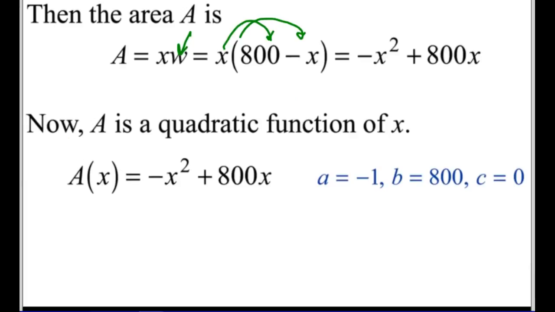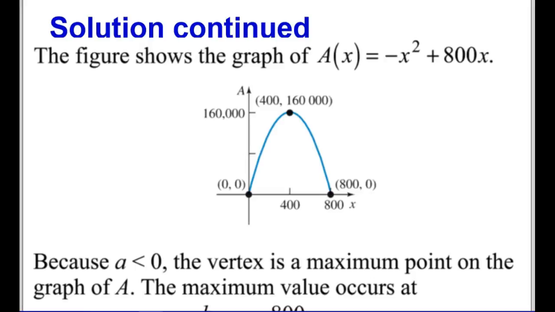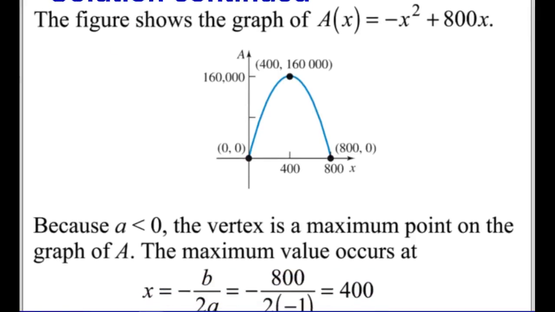Okay, so now that I have my quadratic and it's written in standard form, so my highest exponent is first, I have a c value of 0. So now I can go ahead and either graph it, and I can also find the maximum mathematically.